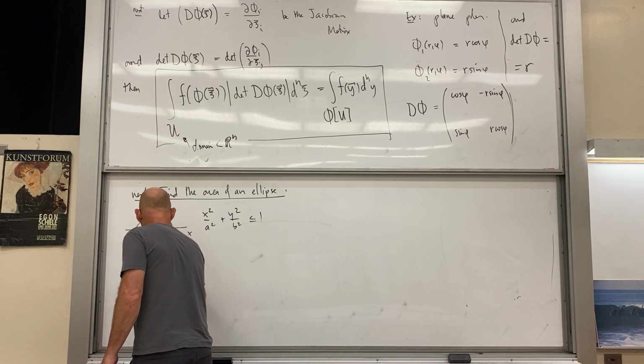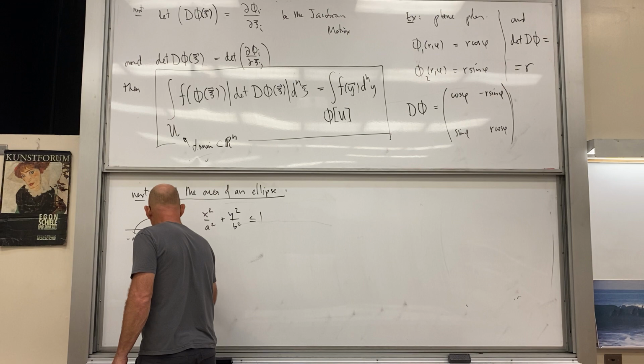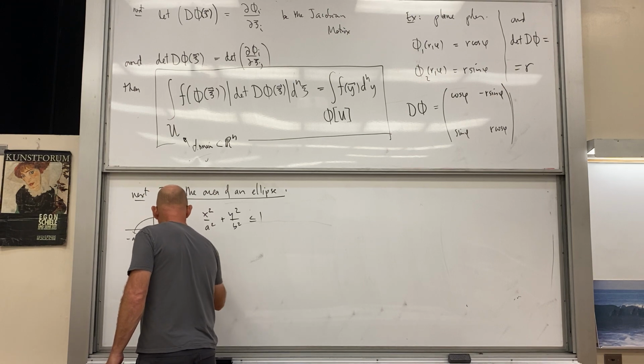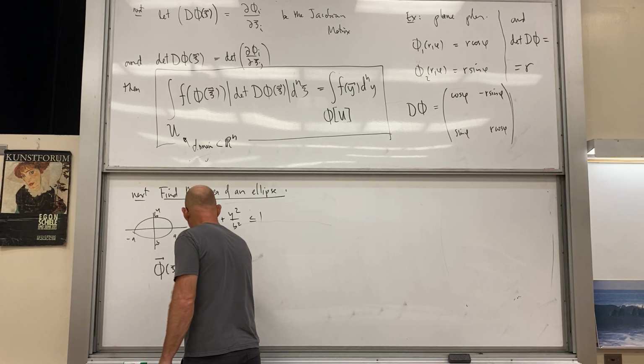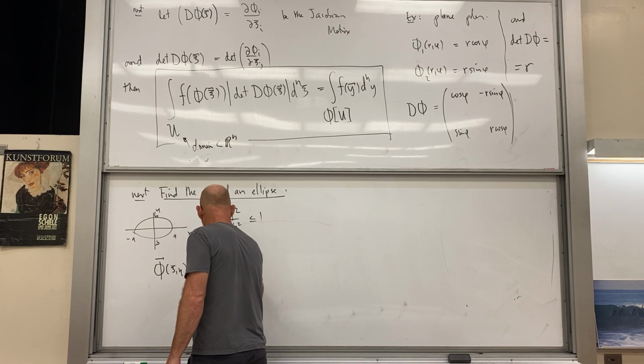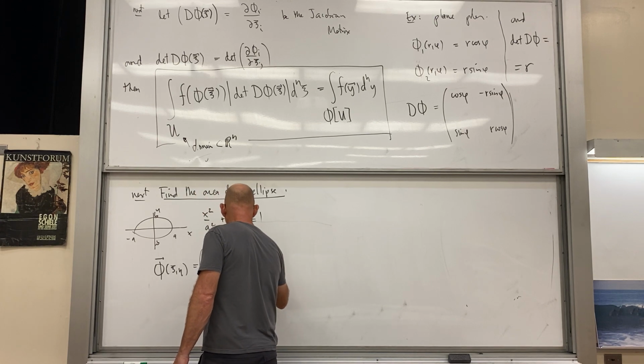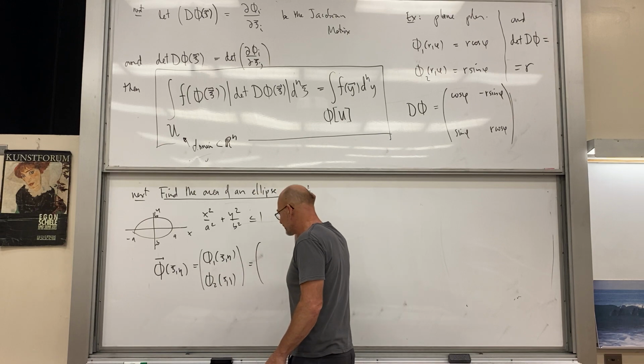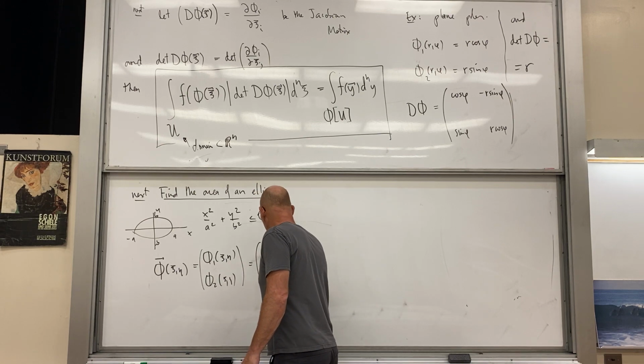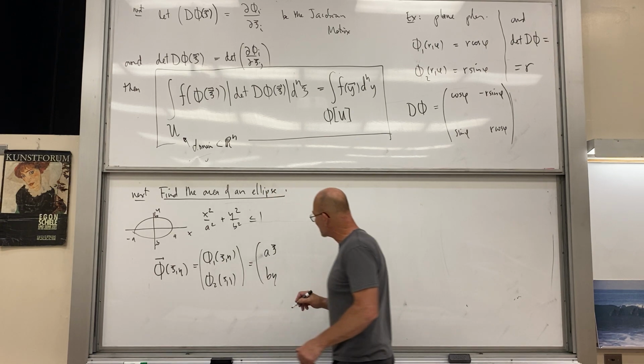Phi of xi and eta equals Phi1, Phi2 of xi and eta equals a times xi and b times eta.